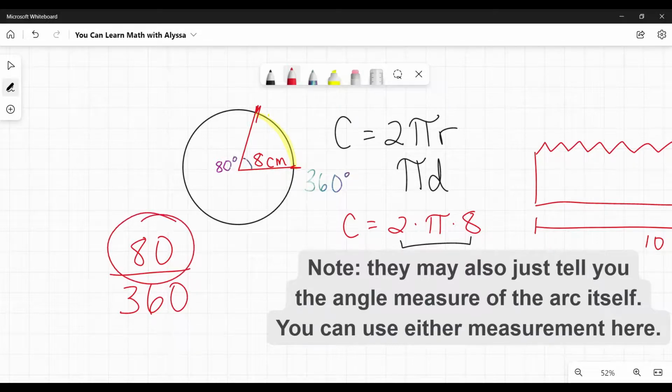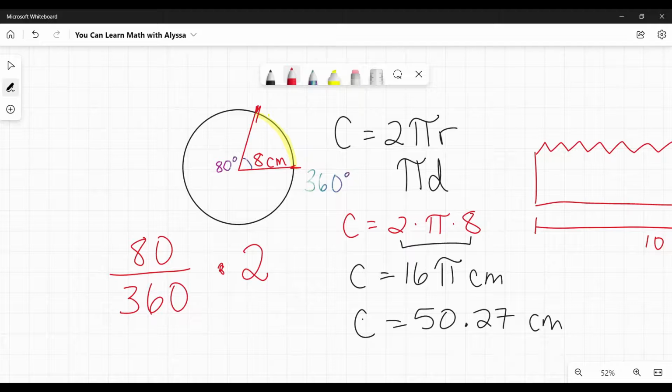You take the central angle that's connected to that arc, you put it over 360, always over 360 when you're talking about a full circle, and you're going to multiply by the circumference, which is 2 times pi times r. We already did it in this case. We said it was 16 pi. I'm going to leave it in terms of pi right here because it's going to make our answer at the end more accurate. So that's always going to be the setup.